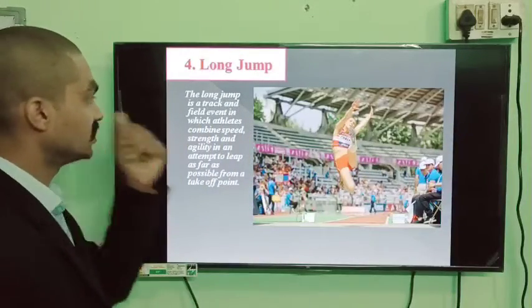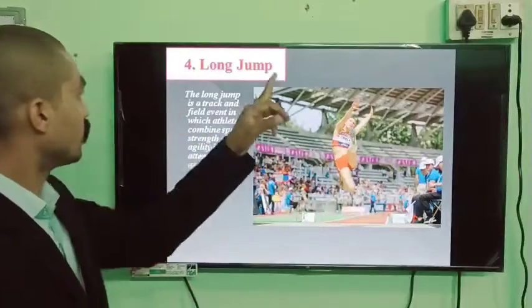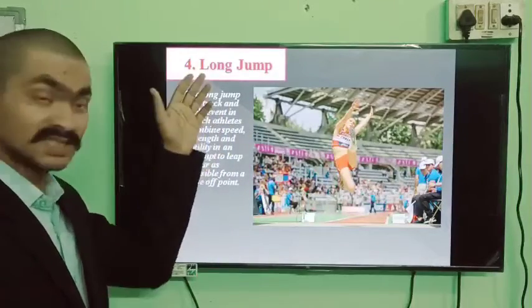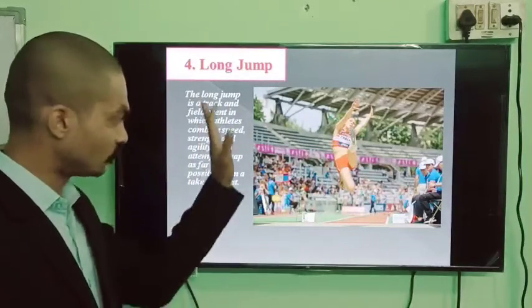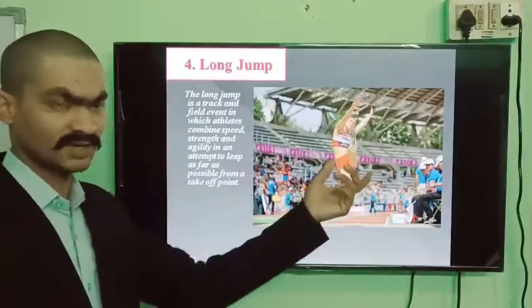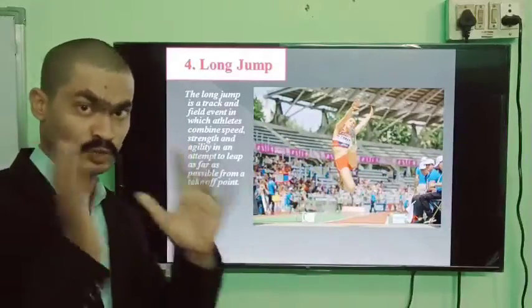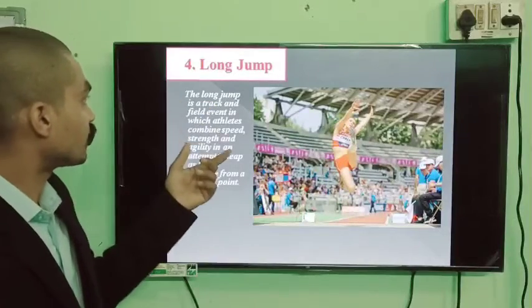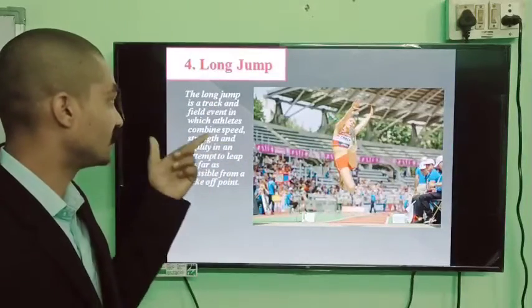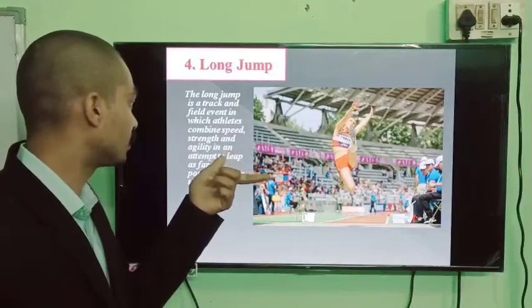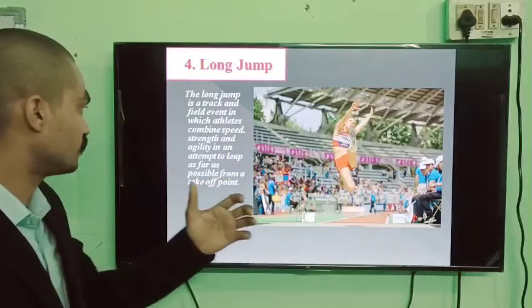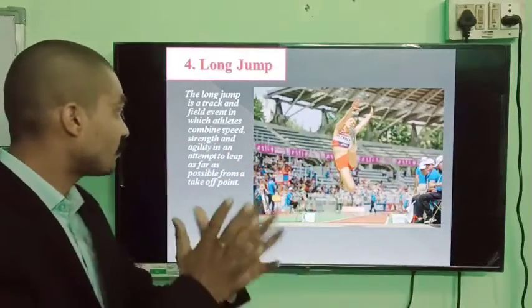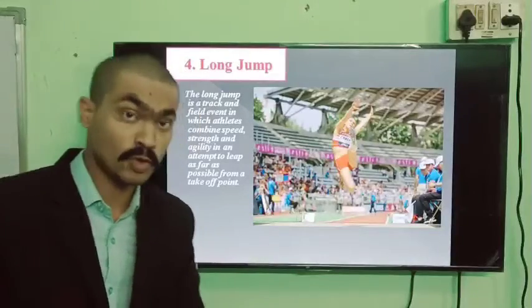Now, next is long jump. The long jump is not given in your textbook and there is no need to write this. I am just explaining so that you can understand also. The long jump is a track and field event in which athletes combine speed, strength and agility and attempt to leap as far as possible from a takeoff point.